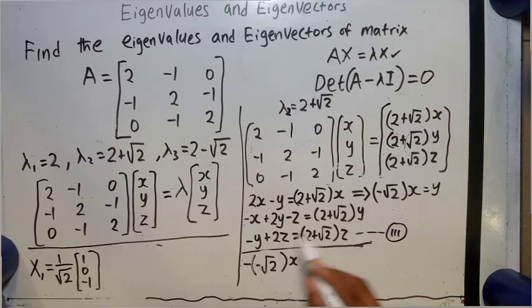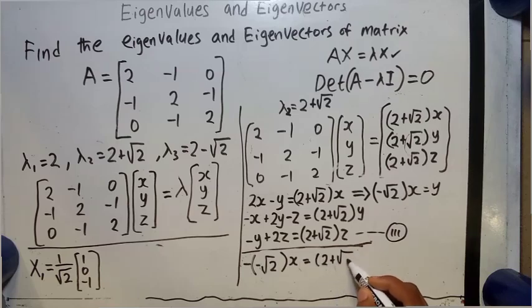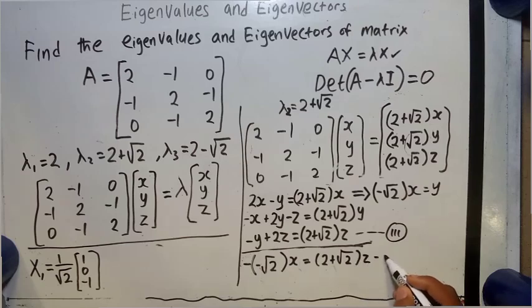Now, this guy going over here, we're going to be having 2 plus root 2 z minus 2z.